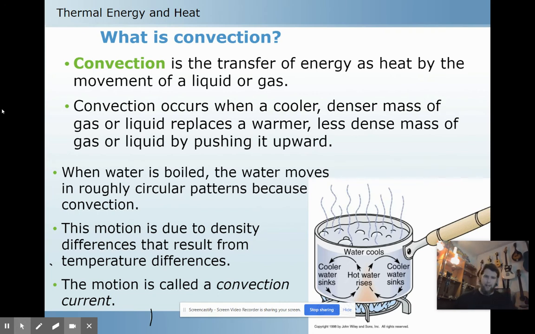Since it's a lower density, it's going to rise up, just like warm air rising in a house. So when water is boiled, the water moves in roughly circular patterns because of this convection cycle. The motion is due to density differences. The relative density between the hot and the cold is what causes this motion to continue. This is what we call a convection current.